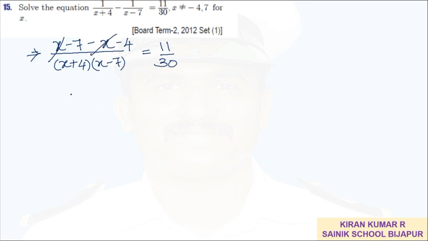Minus 7 and minus 4 will become minus 11, divided by the product, which will be x square minus 3x minus 28, equal to 11 upon 30.